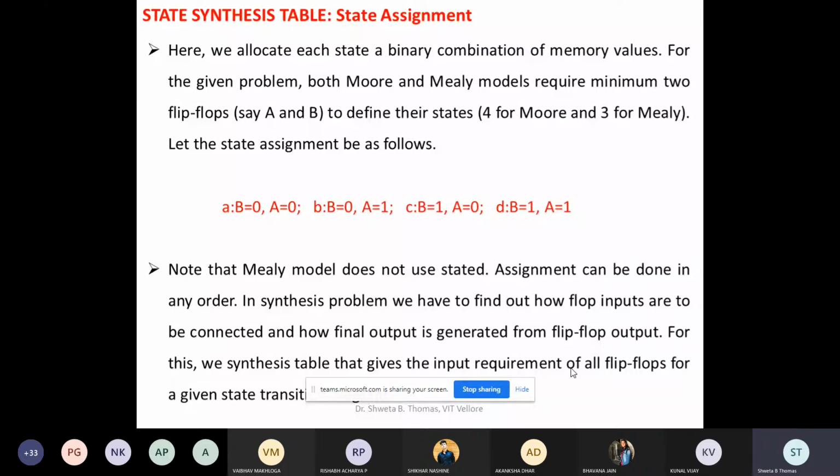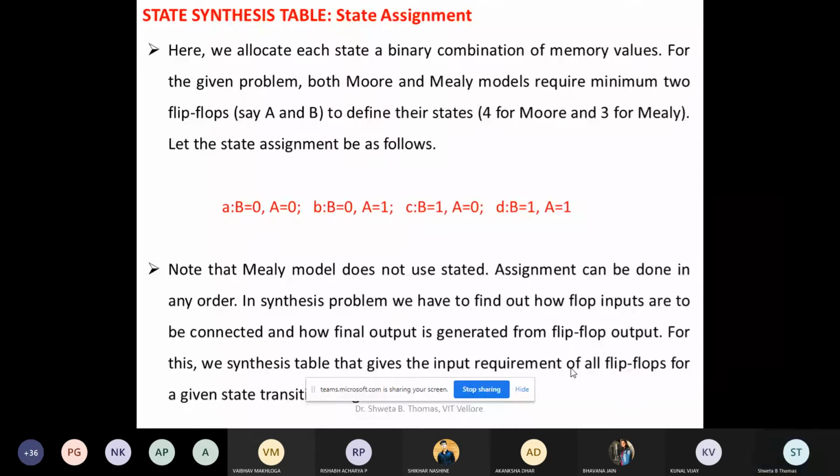How you need to give the state? For this, you need 2 different flip-flops. We allocate each state a binary combination of memory values. For the given problem, both Moore and Mealy models require a minimum of 2 flip-flops to define their states.